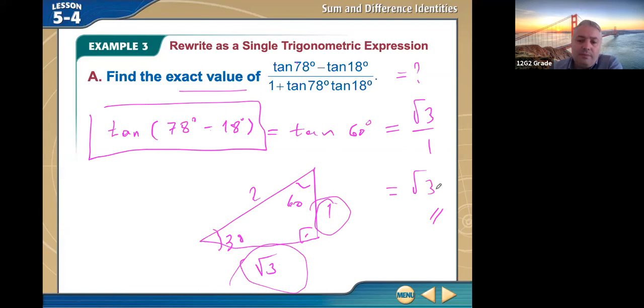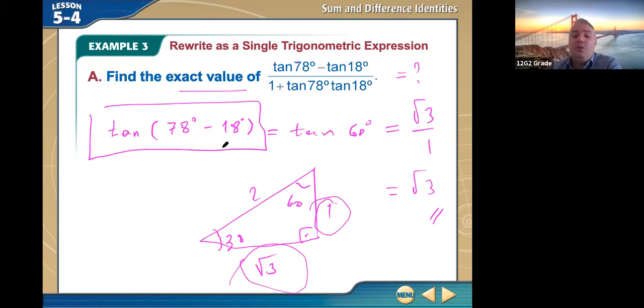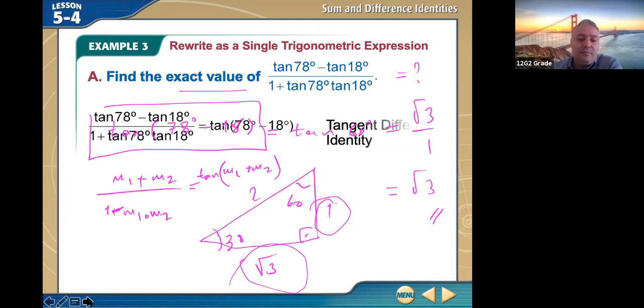Is it okay? That's really easy, but you should know the rule: tangent of M1 minus M2 equals tangent M1 minus tangent M2 over 1 plus tangent M1 times tangent M2. If the question has plus, we should say plus. That's it, just the formula.